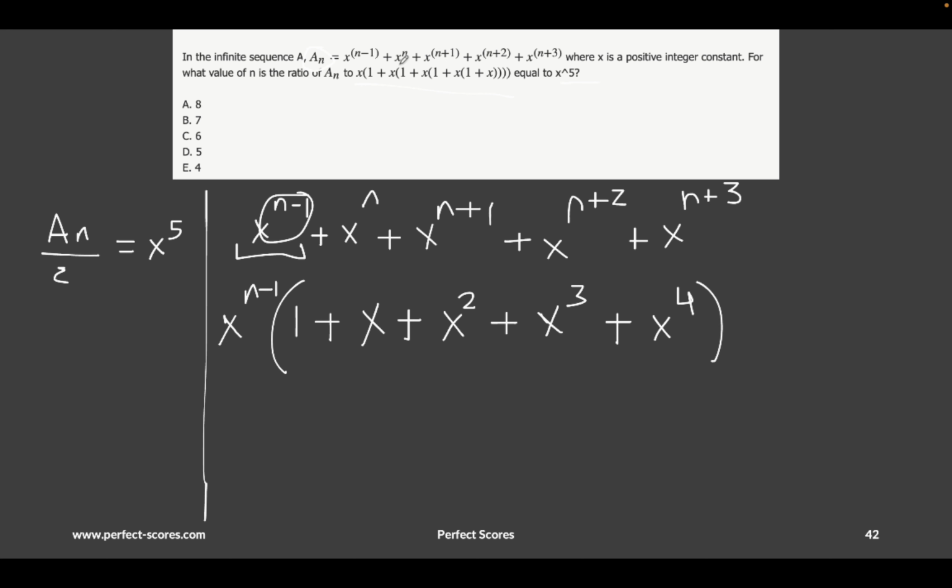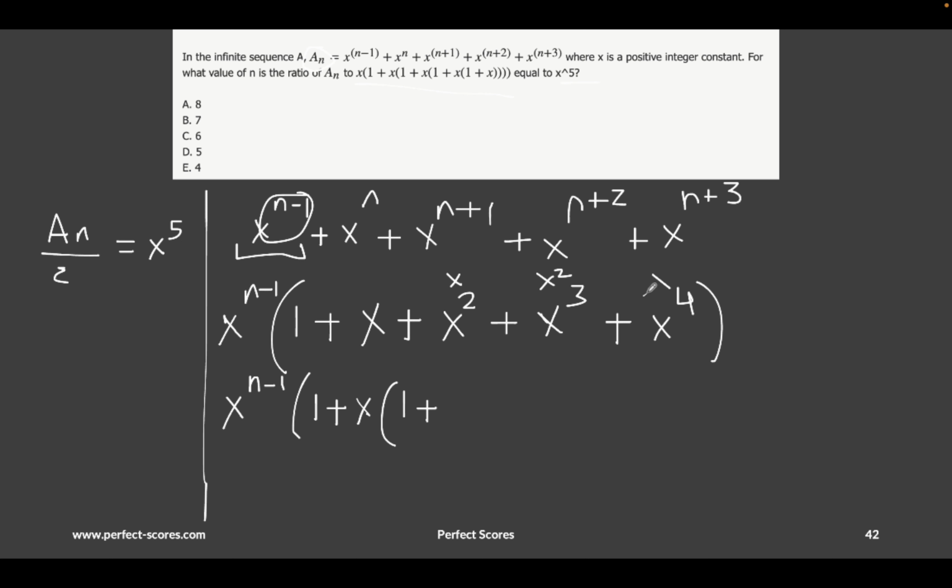Let's manipulate further because we can just look at the other side. So x to the power n minus 1, if we take this out, it's going to be 1 plus x. Let's take the x out. Then we're left with 1 plus x, x squared, x cubed.